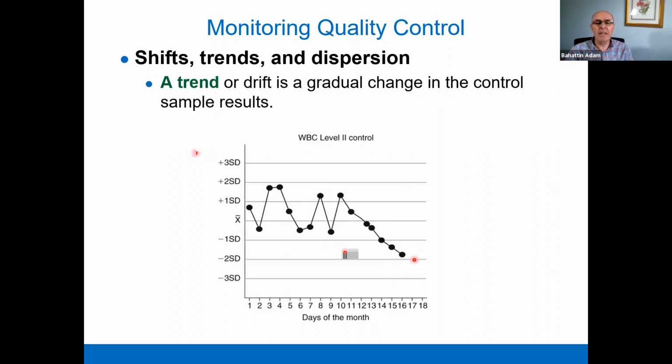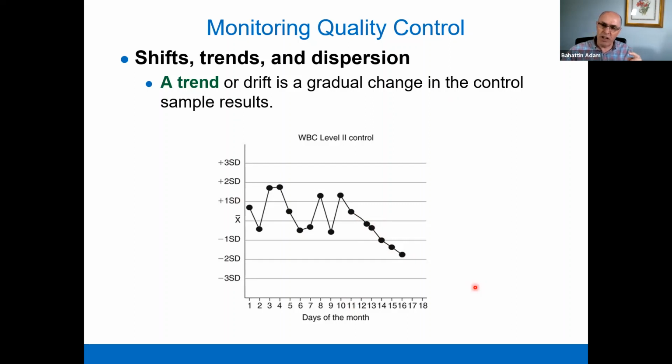Now, trend or drift is a gradual change in the control samples. As you see, it gradually decreased day by day. It started at day 11 and then decreased gradually.